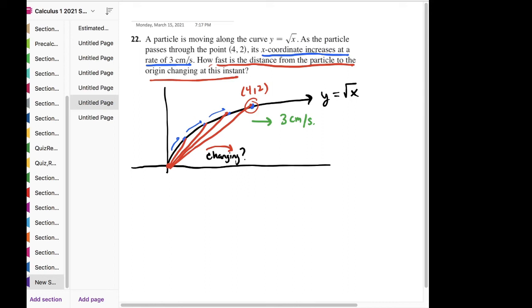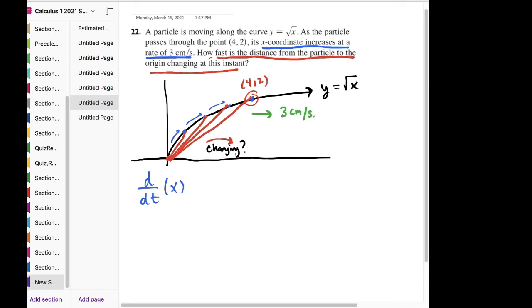Well, that's d/dt. This is a derivative, obviously. Increases at a rate of. What is the thing that's changing? X, yeah.